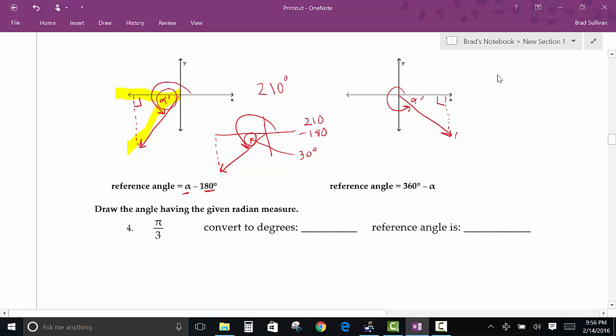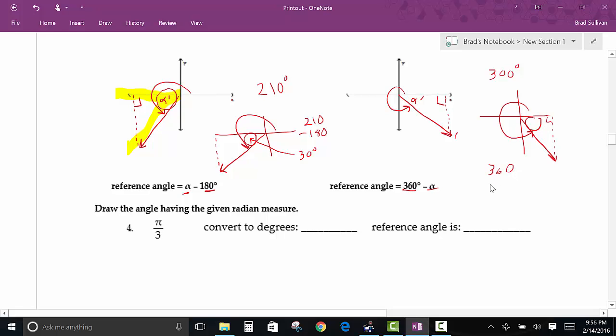For instance, if you had a 300 degree angle, that's a quadrant 4 angle, you would start there, terminate in this quadrant, and then if you drew your reference angle at a right angle, you'd be looking at that angle. So what you do is 360 minus the angle I give you. So 360 minus 300 gives a 60 degree reference angle.